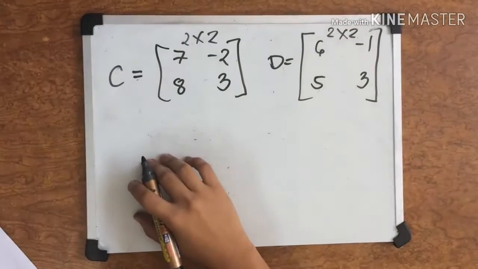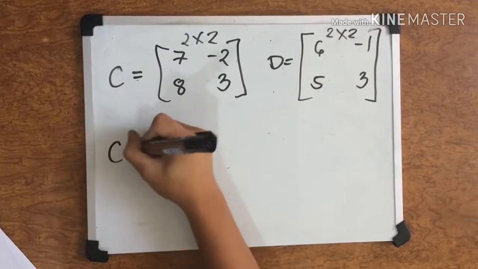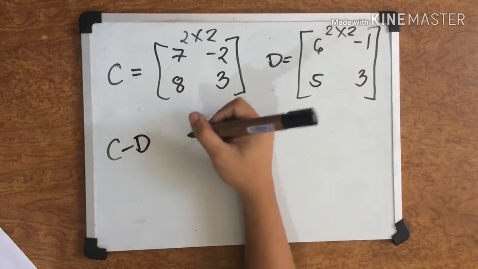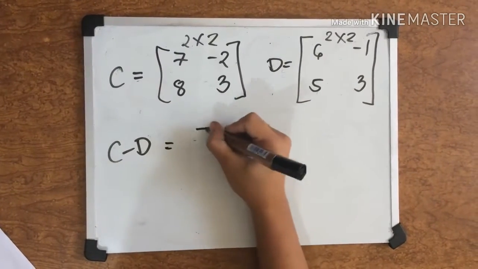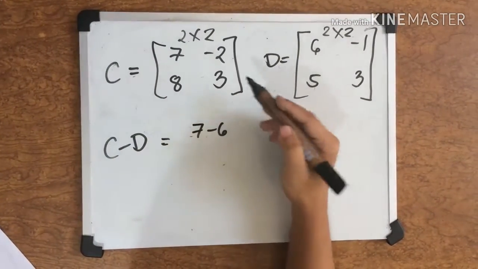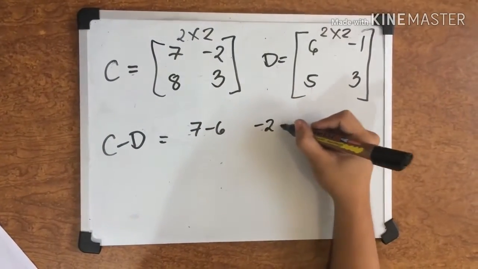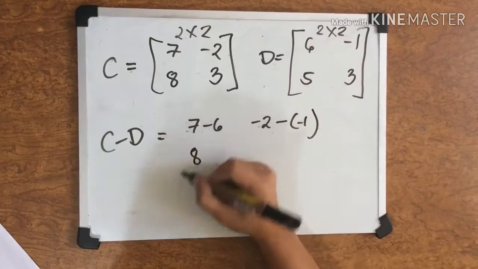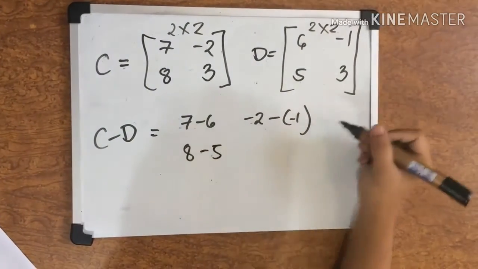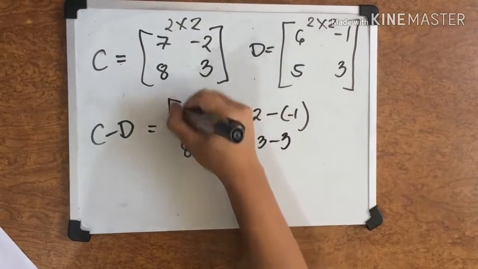So let us now subtract D from C. Let us first subtract 7 minus 6 and -2 minus -1, and 8 minus 5 and 3 minus 3.